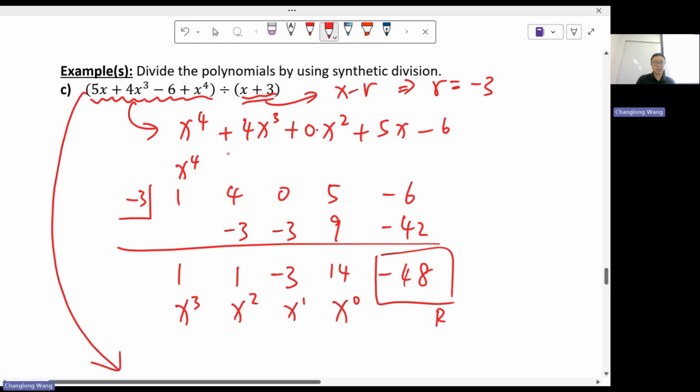Again, I'm getting kind of lazy. So let me just write down the quotient: x to the third plus x squared minus 3x plus 14, right? Then the remainder, negative 48 over divisor x plus 3.